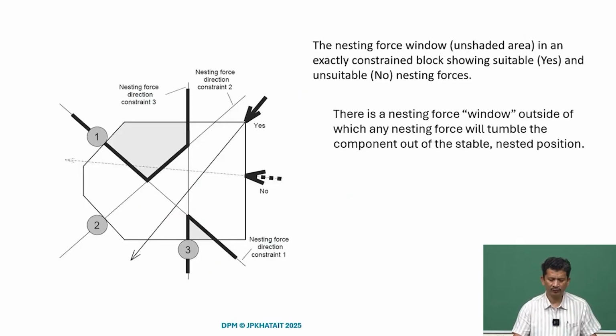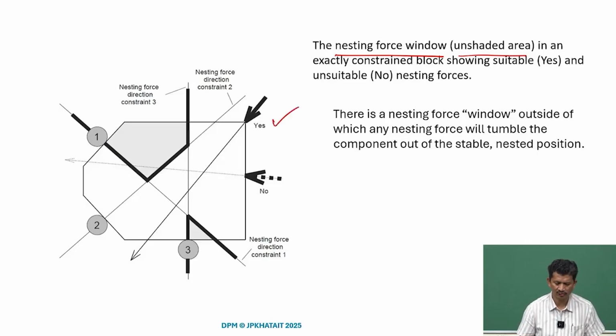There is a way to calculate the nesting force. What we also need to find is the nesting force window. There is a window, and if any force passes through that area, in this case the unshaded area, that's a yes.